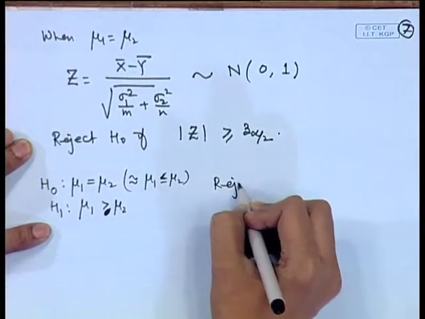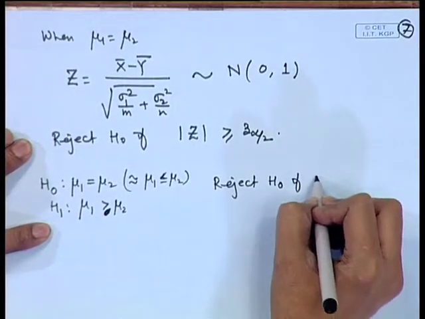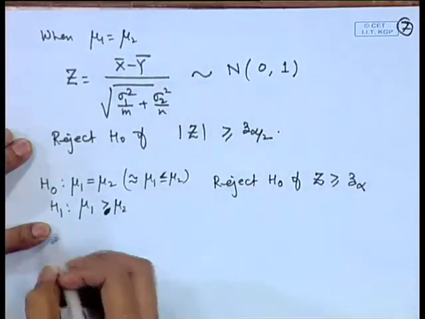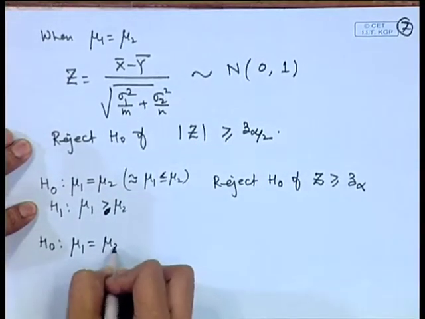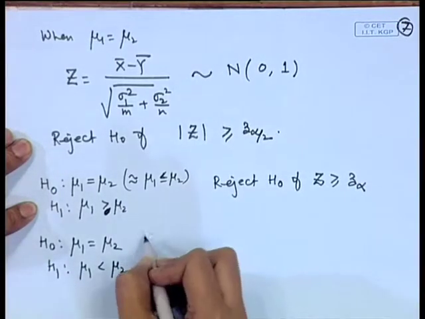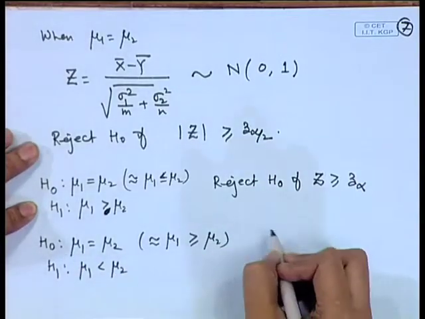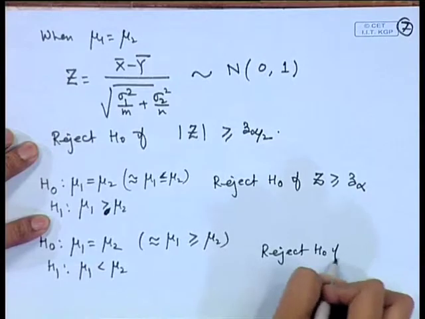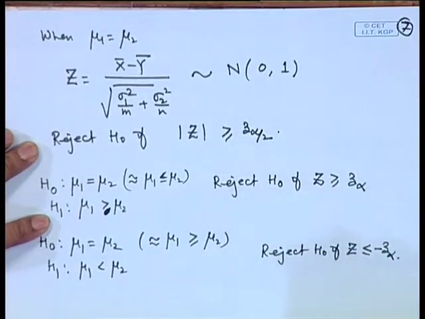So, we may take the rejection region as reject H naught if z is greater than or equal to z alpha. Likewise, we may write for the one sided hypothesis where mu 1 is less than mu 2, or mu 1 is greater than or equal to mu 2. So, here you will reject H naught if z is less than or equal to minus z alpha.